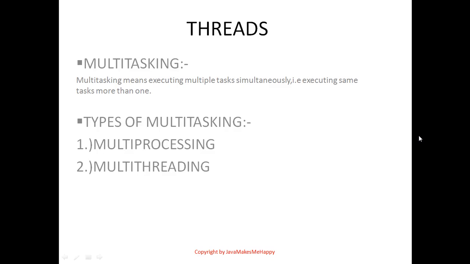If you are opening Paint in your Windows or Linux version, or playing a video file or audio file again and again, then you are using that task multiple times. The types of multitasking are basically two: multiprocessing and multithreading.